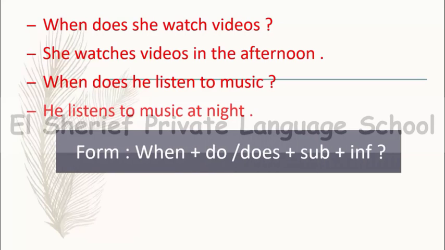So look at the form. We start with the question word when, then followed by do or does, according to the subject. As you know, when do you, when do they, when do we, or when does he, when does she, when does it, and then followed by the infinitive or the base verb. Again, we start with when, followed by do or does, plus subject plus infinitive.